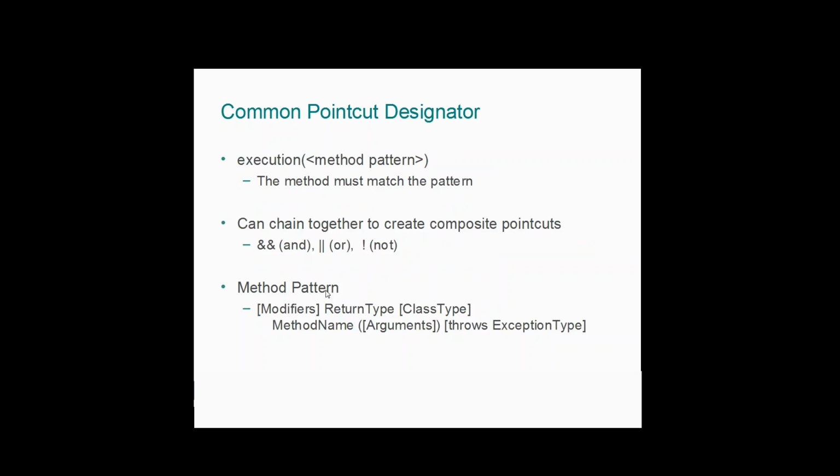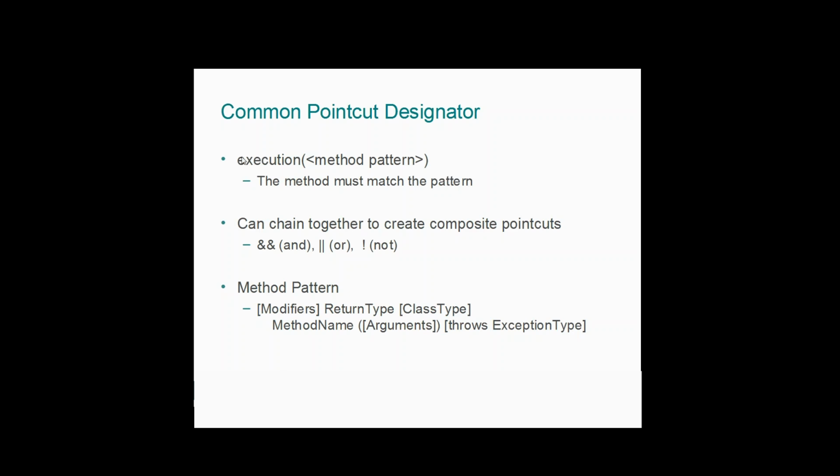Some examples. If you look at that, I have an execution designator, and inside this it will take the method pattern. The way the method pattern looks is I have a modifier and return type, the class type, method name, and the method takes a list of arguments, and optionally it will throw an exception type. So this is my method pattern.